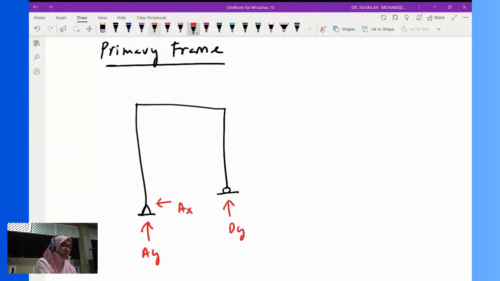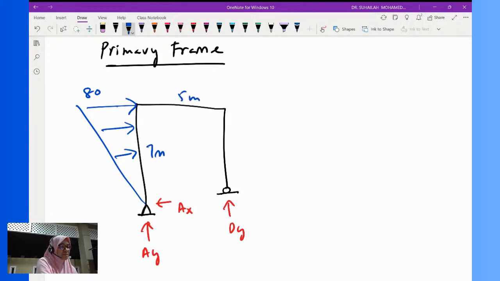Our task now is to calculate the reaction. This is 80, 7 meter, 5 meter, 5 meter. In the primary frame, we have to calculate the reaction in order to write the moment equation.